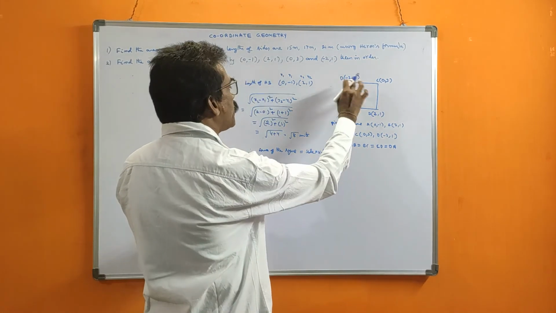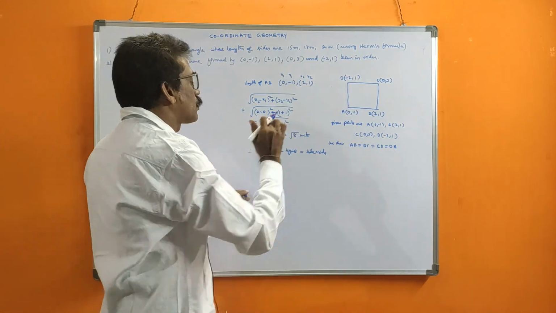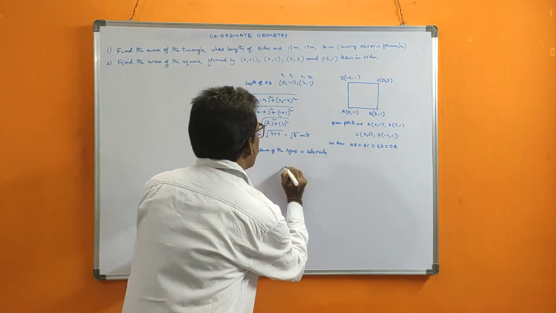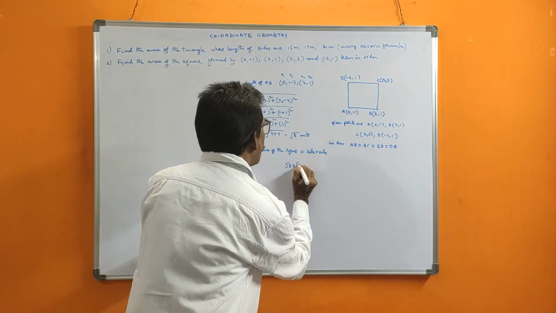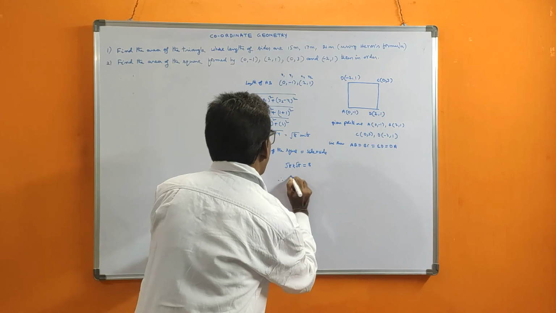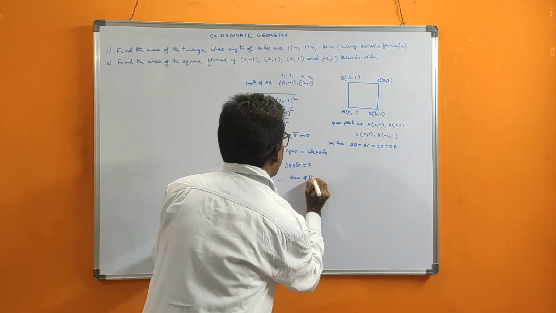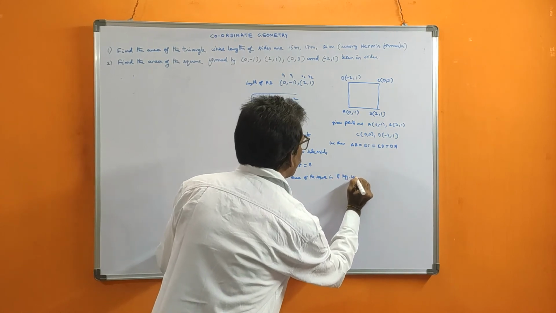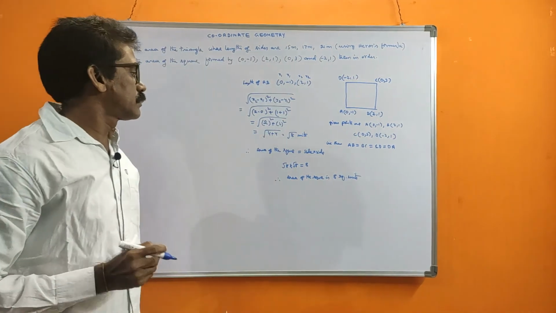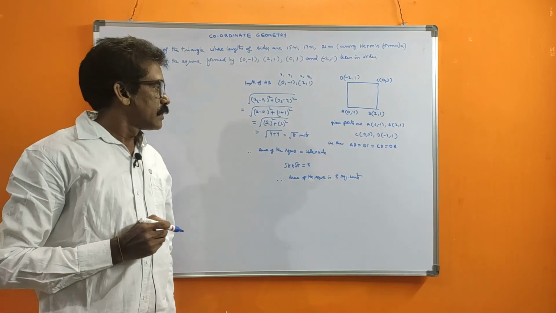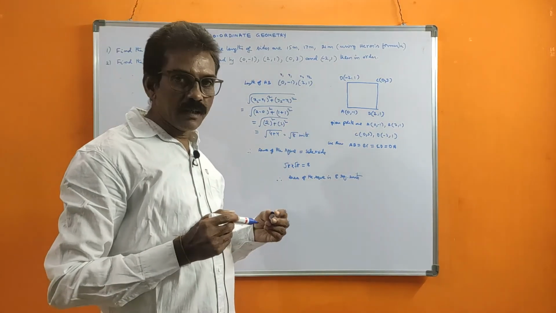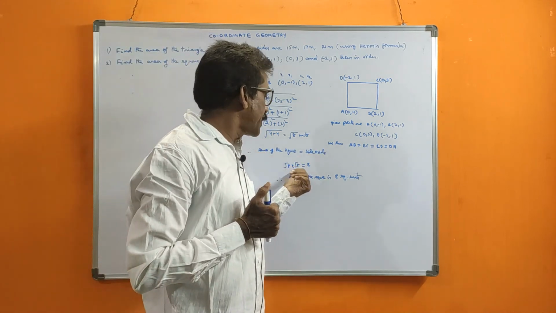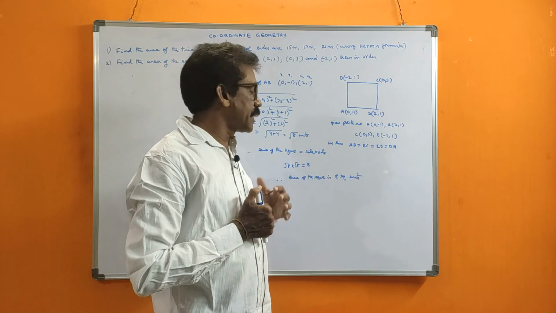Any 2 points distance you calculate, that root 8 only will come, because it is given that it is a square. Side is root 8 into root 8, that is 8. Therefore the area of the square is 8 square units. This is simple, because this is a square, all sides are equal, so any side you calculate and square it, that is the area, side into side.